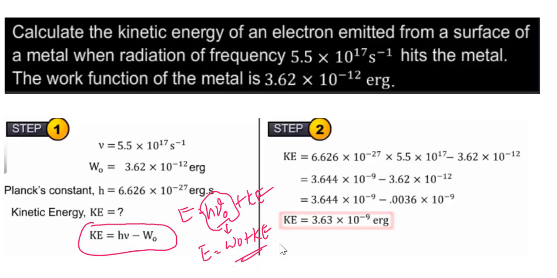Then K we are finding, but before that you have to calculate E. So K equals h nu. This is only E. So this Planck constant h times the given value of nu, minus W naught. W naught is also given. Okay, this is the answer.